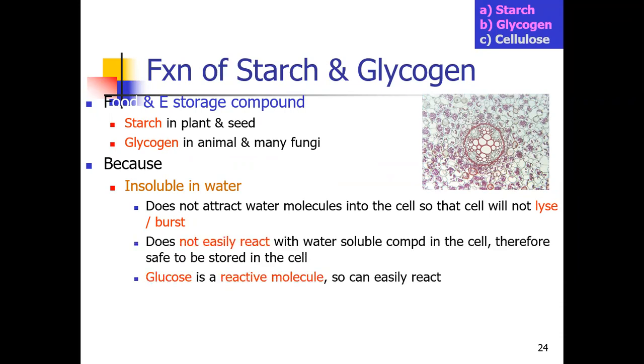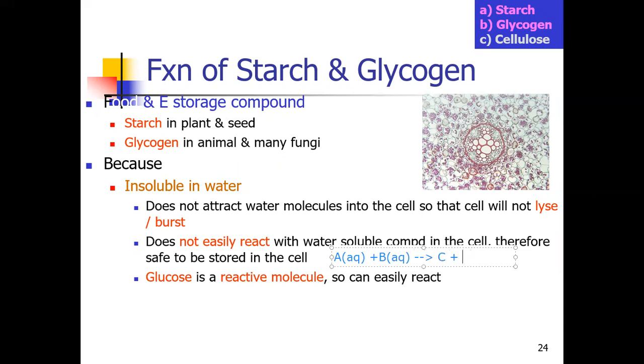Then, because it's insoluble, it will not easily react with any other component inside the cell. A lot of chemical reactions in the cell must be in aqueous form, that means soluble, in order to react with another component to form other components.